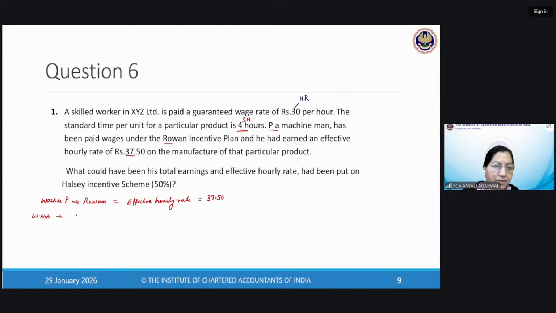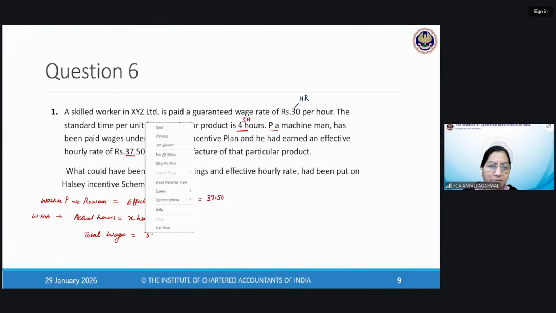Let us say actual hours or actual time taken is X. So if someone has taken X hours to do the job under the Rowan scheme, his total wages would be 30X because the hourly rate is 30. So actual hour is X and 30 is the hourly rate.